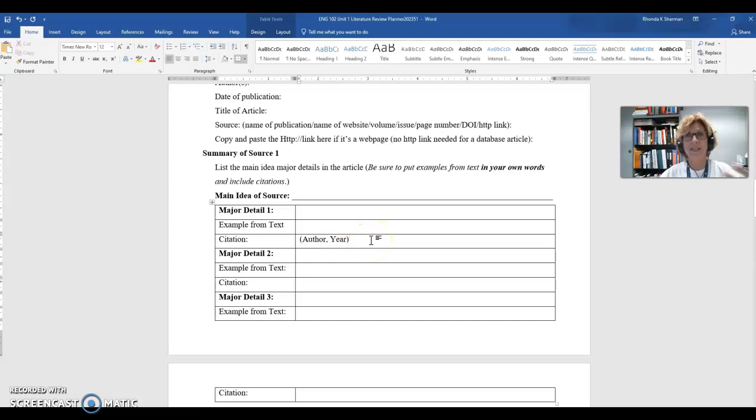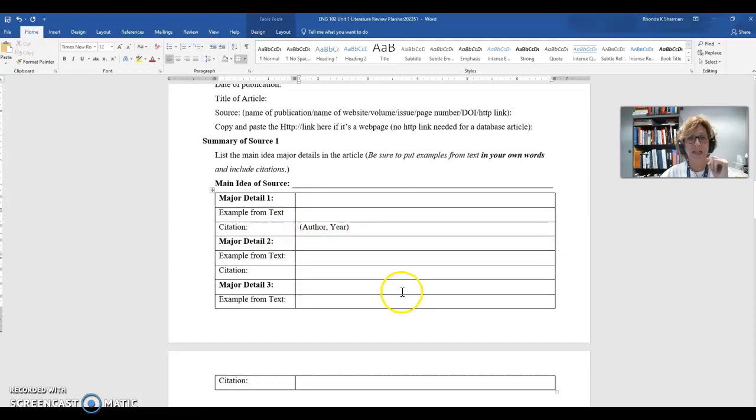For example, if you found it from the Centers for Disease Control and it doesn't have a named author, instead of the single author, you would put the group author, which would be the Centers for Disease Control. So either the author or the group author should work here. And of course, I'll give you feedback if you have difficulties with this, but do your best. Notice the parentheses. All right, and you'll do that for three different major details in the article.